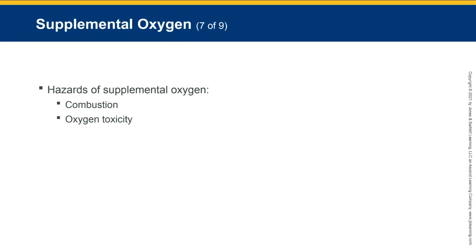Now, hazards of supplemental oxygen. Oxygen supports combustion, so you need to be aware of that. Oxygen toxicity. Definitely need to be aware of that. In other words, previously when we reviewed the anatomy of the respiratory system, I mentioned that the red blood cells cannot carry more than 4 oxygen molecules. Once the red blood cell has 4 oxygen molecules, it's properly oxygenated.